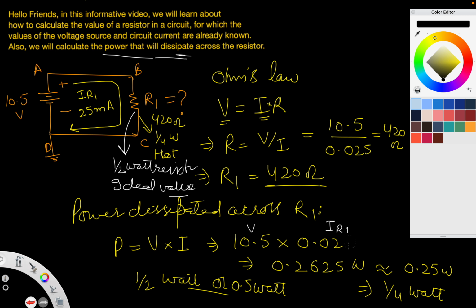It is 0.025 ampere. If you multiply these two, we will get approximately 0.25 watt, and this is called a quarter watt resistance. So if we use a 1 by 2 watt resistance here, or 0.5 watt resistance, it will be ideal for this circuit.